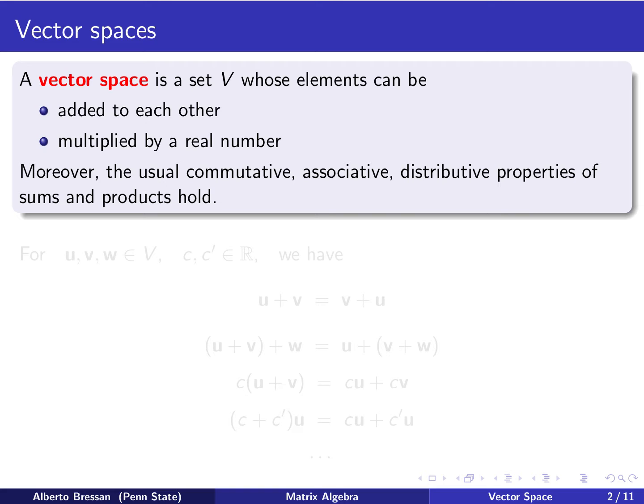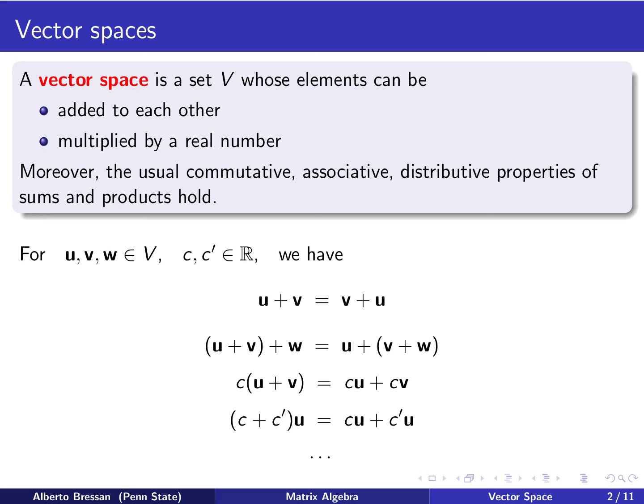real number. For these two operations, we will also require the usual properties associated with them, such as commutative, associative, and distributive property of sums and products. Okay, let's look at the details.